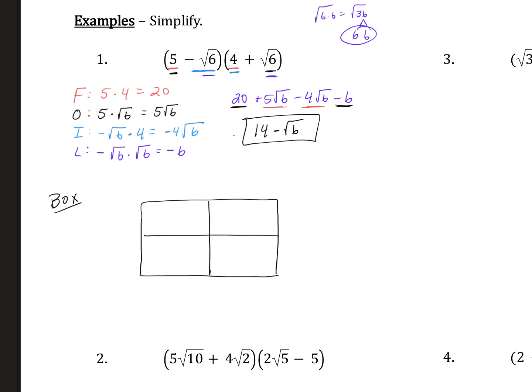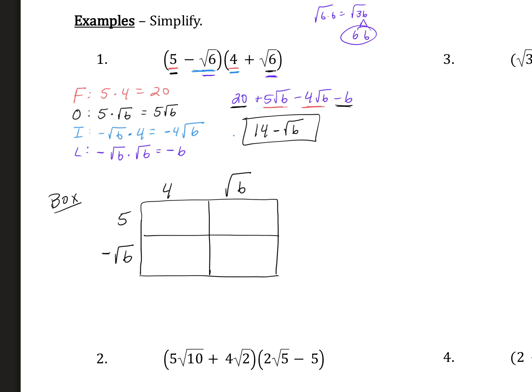Your first binomial, I'm going to take my 5 and line it up for this box, and I'm going to take negative root 6, and I put my one binomial on the left, and then I'm going to put my other binomial on the top.